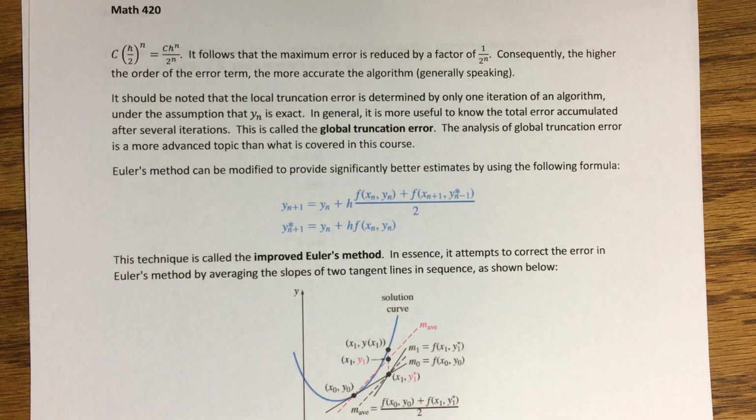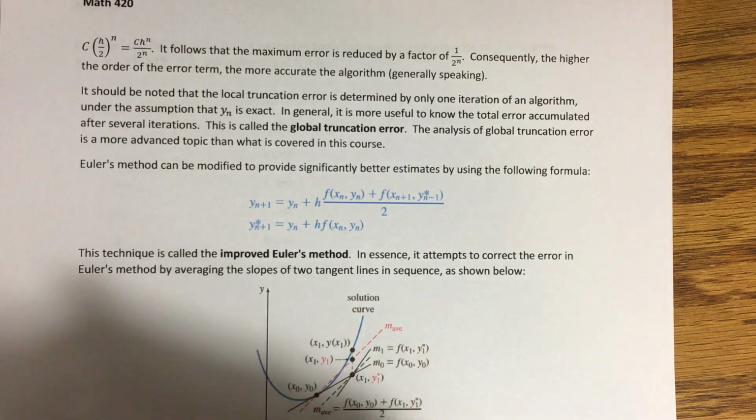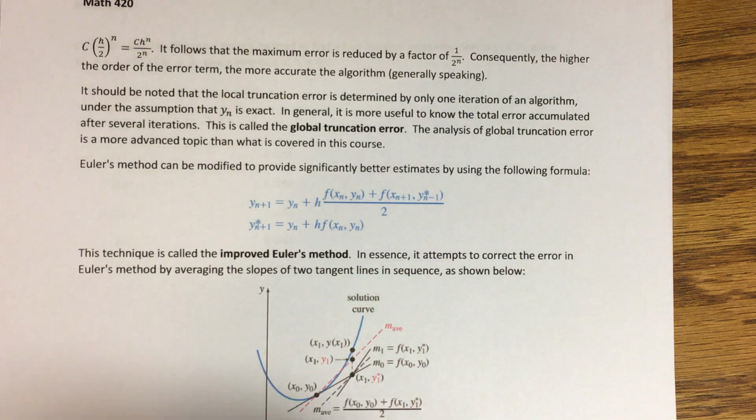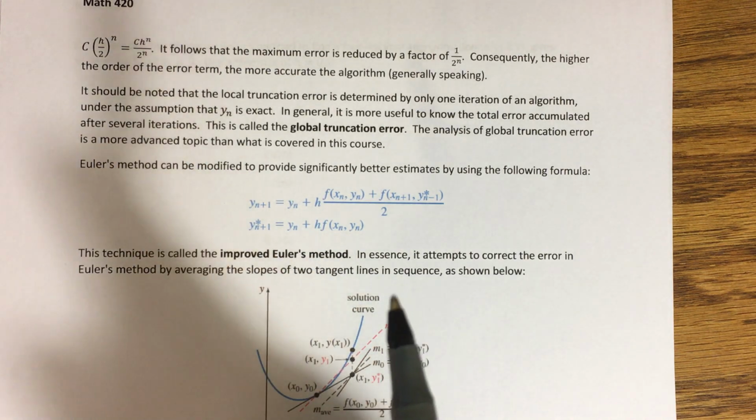And we're trying to approximate y of 0.5, which is actually the example that we're going to do in the next video. And let's suppose also that we wanted to use a step size of 0.1. Well, to get from 0 to 0.5 with a step size of 0.1, you have to go through 5 iterations of your algorithm.